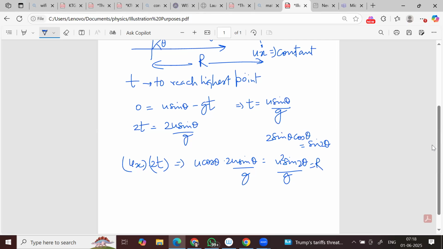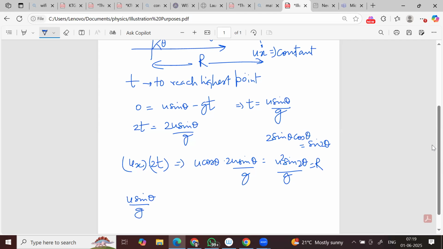Now we need to find out the maximum height. So how do we do that? The maximum height is the height that it takes to fall from the highest point to the lowest point. At the highest point, the vertical velocity is zero. And it takes a time equal to u sine theta upon g to get there.